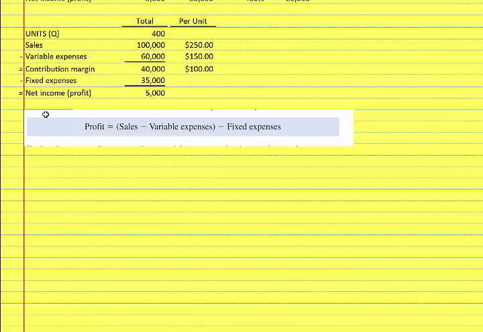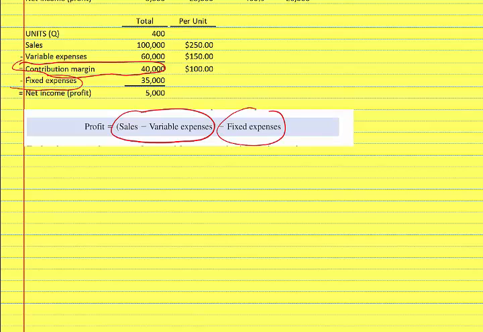And of course, that's exactly what we do in our contribution income statement. We say sales minus variable expenses, and when we do that, we subtotal for contribution margin. And then we say minus fixed expenses, just like they do, to get profit.